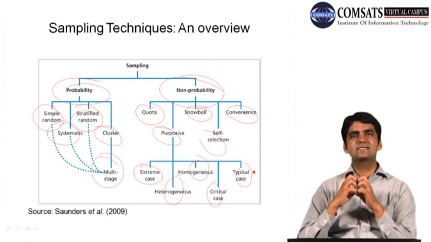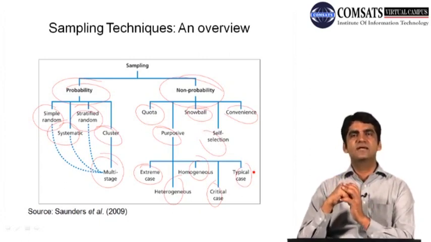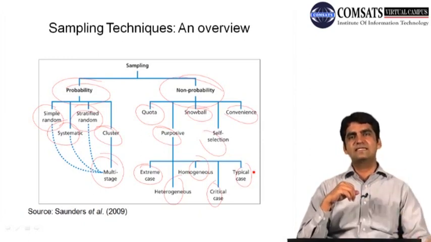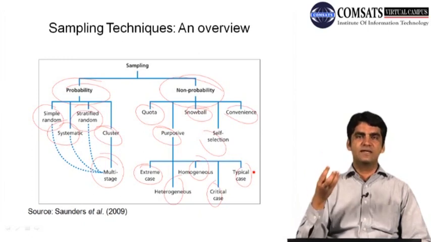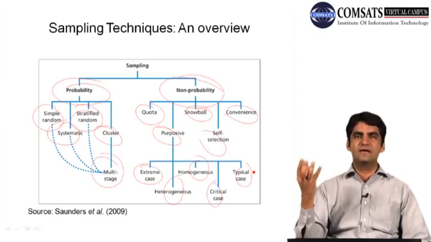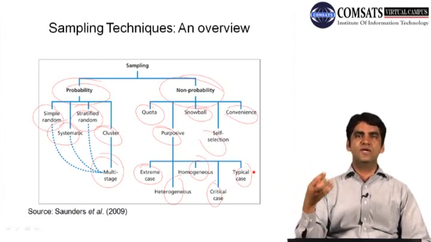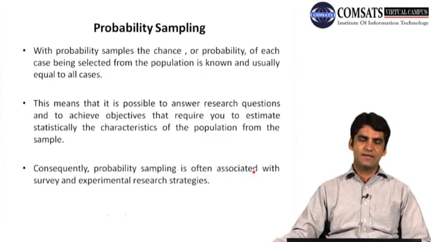So you normally don't use these kinds of techniques for your dissertation or scientific data collection. That is why probability sampling is more prominent in scientific data collection, and that's why it is weighted highly, because you know your population, and within the population you know your sample size, and you do it on a scientific basis. That is the basic difference between probability and non-probability sampling.